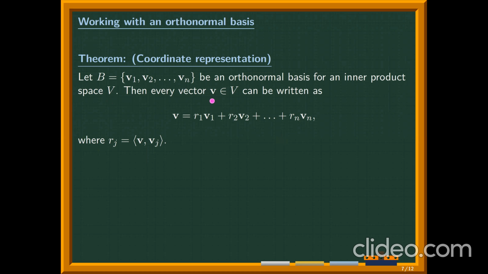Then, every vector v in this inner product space can be expressed as a linear combination of these vectors where the scalars are obtained by taking the inner product of vector v with each basis element.